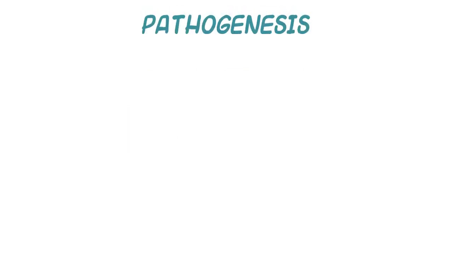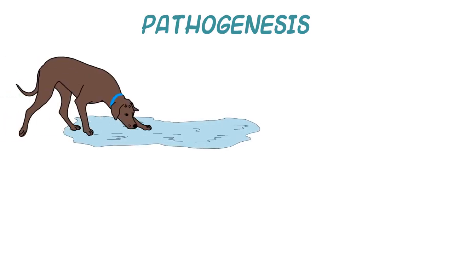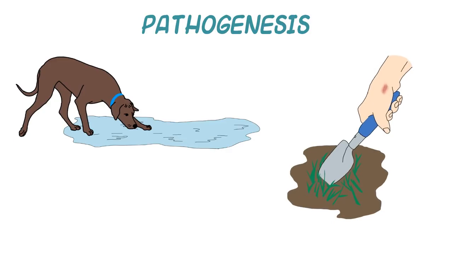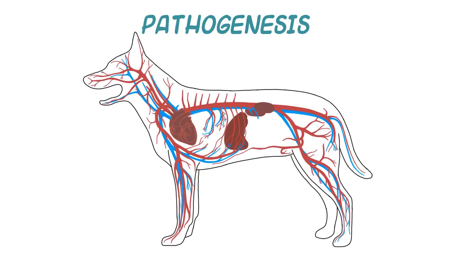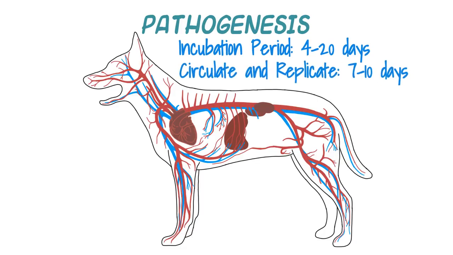So, how does lepto lead to disease? The organism can enter the body by penetration of exposed mucous membranes or damaged skin. Then, after an incubation period ranging from 4 to 20 days, they circulate in the blood and replicate in many tissues for 7 to 10 days.